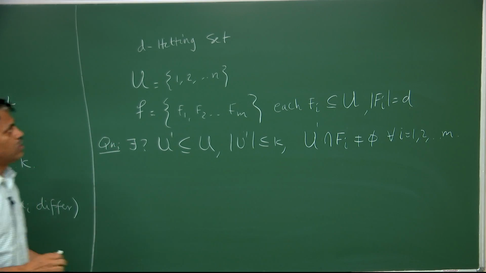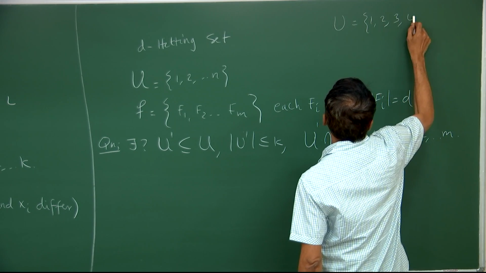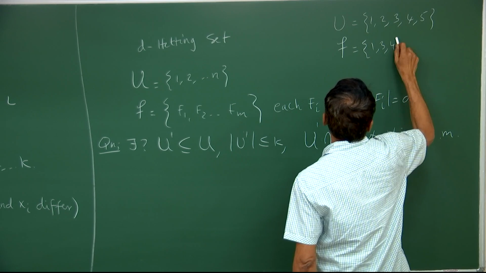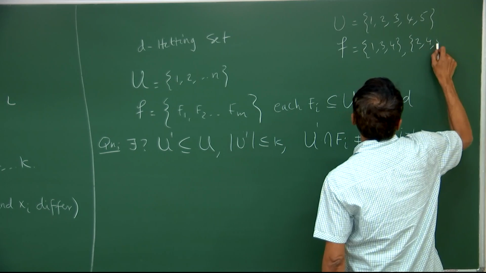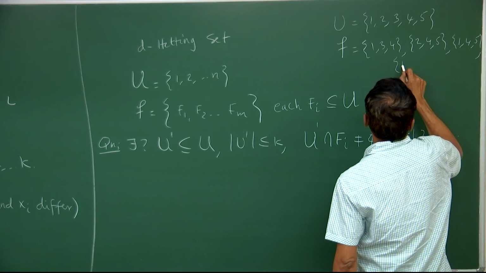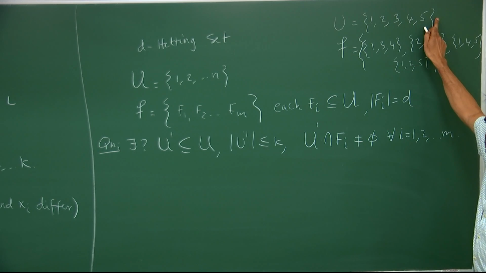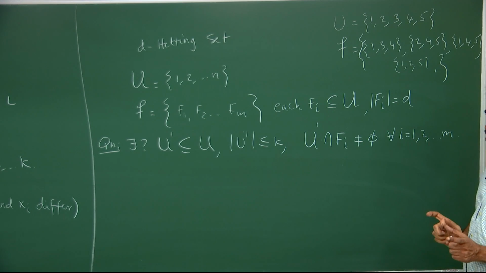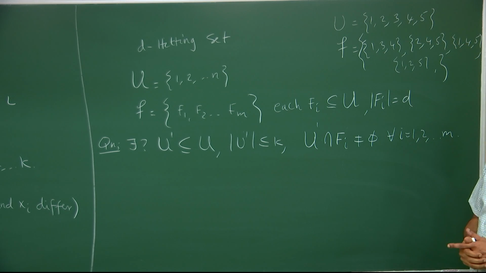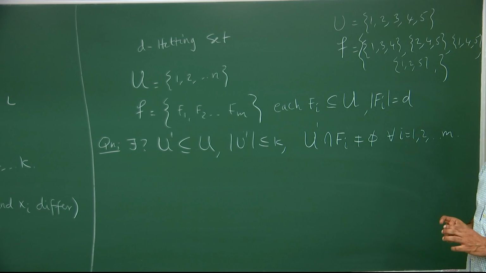One example would be U with some elements, and my family is {1,3,4}, {2,4,5}, {1,4,5}, {1,2,5}, and so on. So I have 3-element subsets of that universe, and I want a small sized subset of my universe that intersects with each of these sets in the family. So it hits every set.